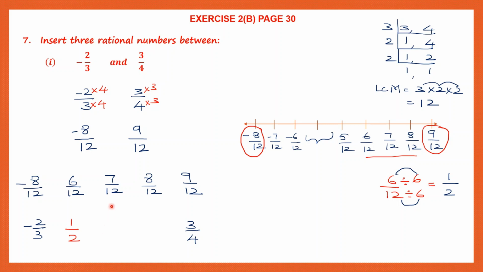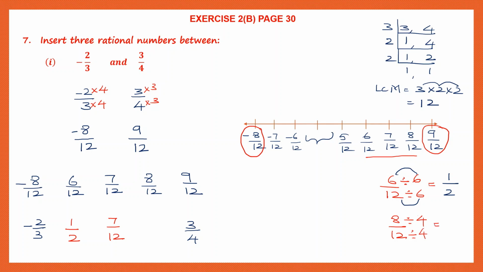Now the next one is 7 by 12. This we can't reduce, so we can write it as it is. So that is 7 by 12. Now the next one is 8 by 12, which can be reduced. So let's try that. So 8 by 12, we can divide both by 2. We can also divide both by 4. So let's use 4, the highest common factor.